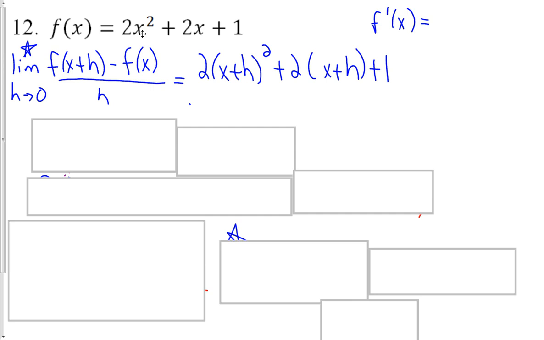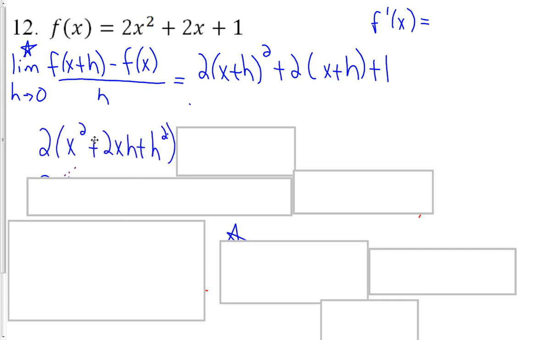Plugging x plus h in, notice we have 2x squared plus 2x. There's 2 spots for x plus h to be plugged into. So we have 2 times x plus h squared plus 2 times quantity x plus h plus 1. Well, I need to do x plus h squared first. And again, just like the last slide, that's something you may want to have written down somewhere.